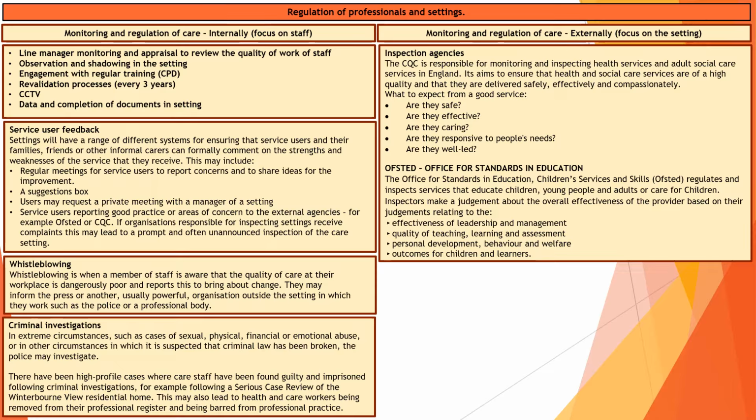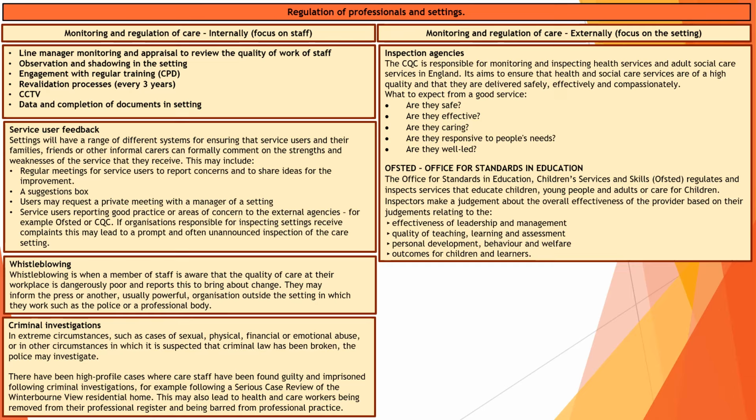There may be some observations of individual staff members, but generally these agencies are looking at the whole setting rather than an individual. Ofsted, very much the same process. Any services linked to children, we generally think of Ofsted as education related, but they also come in children's services, hospitals, care settings, childminders.